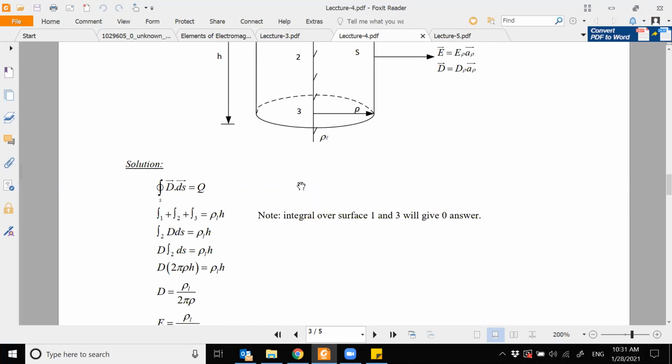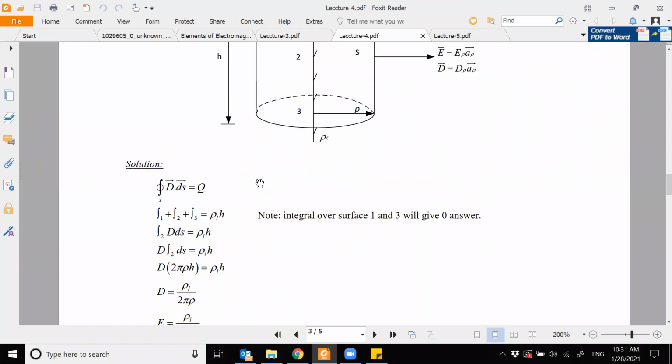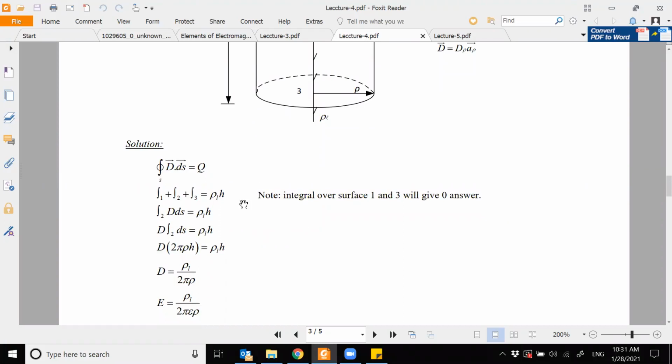Yes, Taha. Can you repeat why the top and bottom surfaces are 0? Okay, let me use the annotation here.